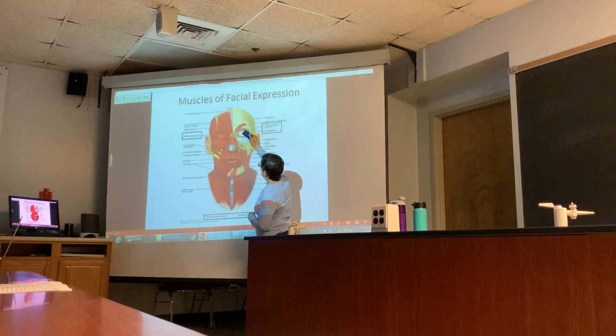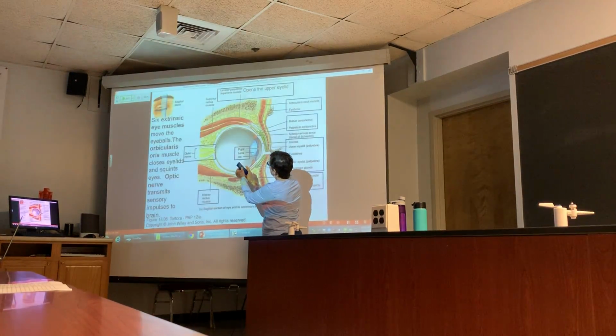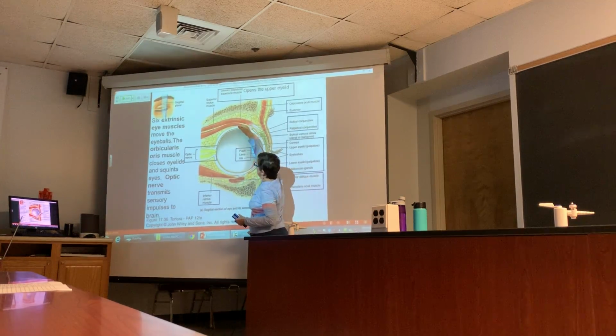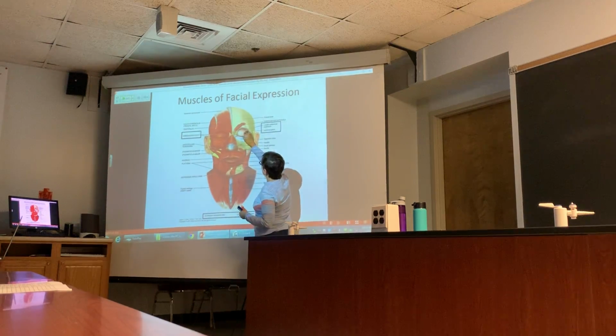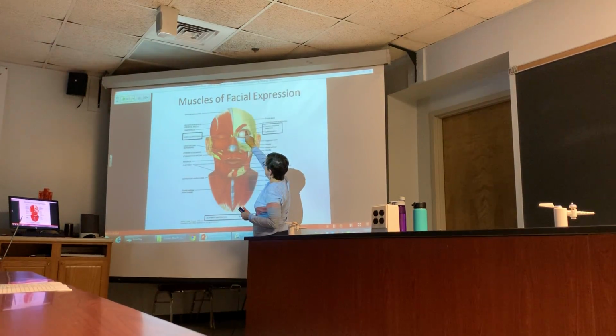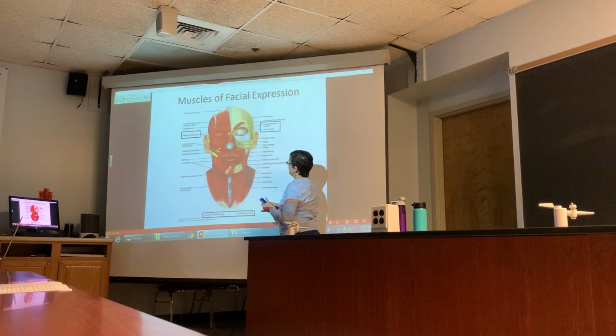You can see it's a superior muscle. If you go back here, it lies over the superior rectus muscle. So it sits on top of that muscle. And then off to the side here, just above that muscle, in the lateral wall here, is the lacrimal gland. So the lacrimal gland is yellow here. You can see where it's located.